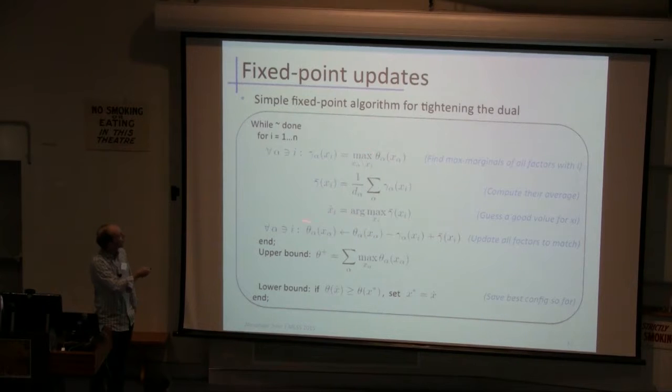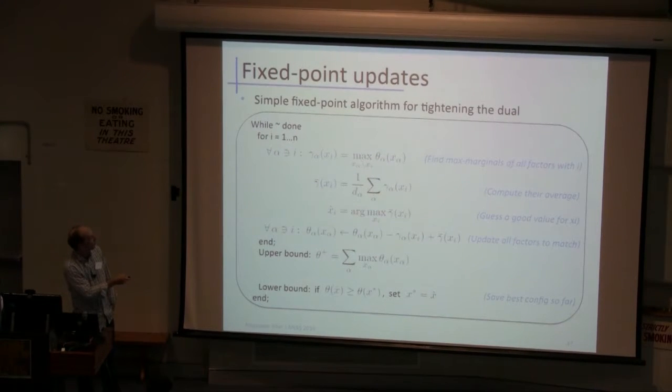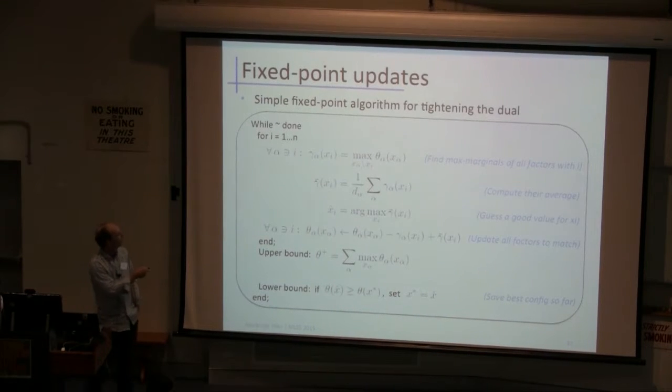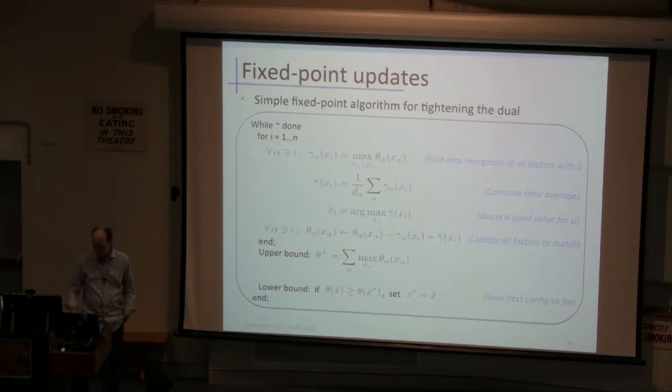So this is going to be a coordinate descent on the decomposed bound, and you can get both an upper bound by individually maximizing all the factors, and also a lower bound just by picking some configuration of the xi's and evaluating it. So as you run this, you'll find that this upper bound slowly tightens and that the lower bound also increases as you run.